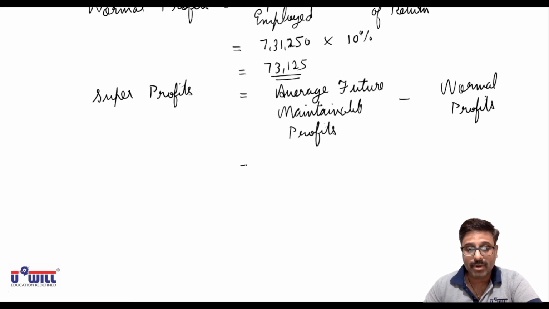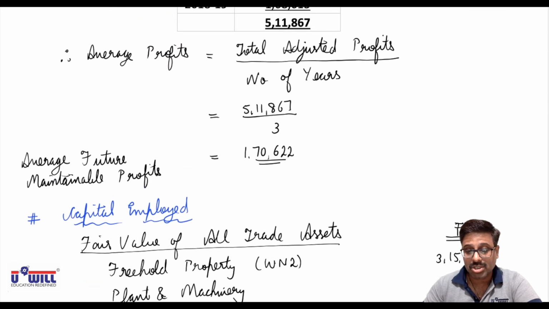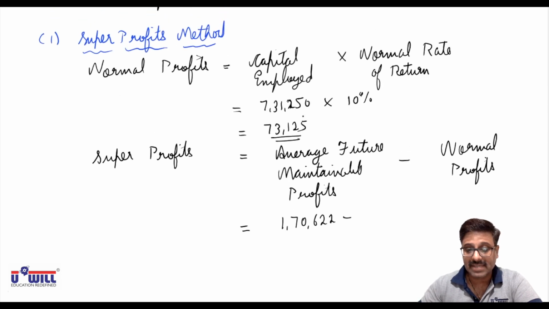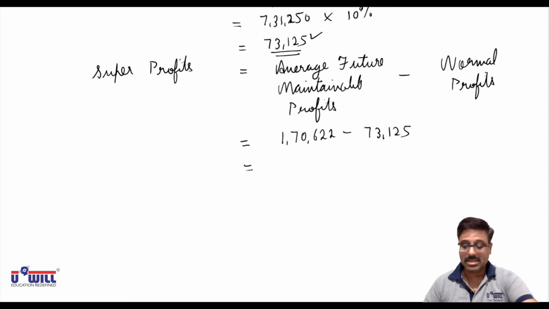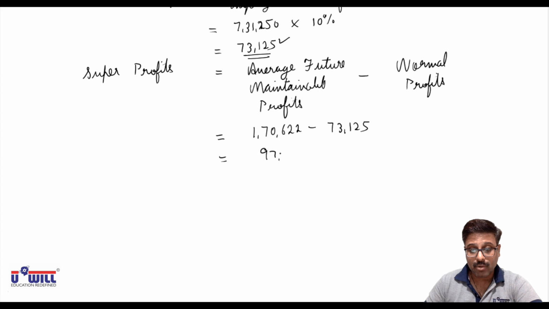Average future maintainable profits we have earned as 170,622. Okay, 170,622 minus normal profits are 73125. That is 97497. Super profits are 97497.